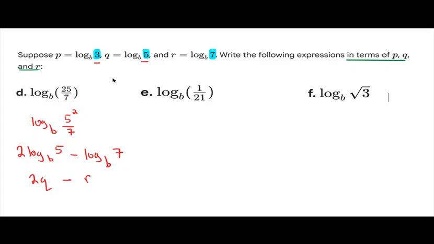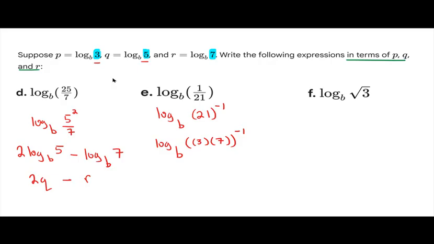Over here, let's see, we have log base b of 1 over 21. The first thing is I can move this 21 to the top, so I'll make this 21 to the negative 1 power. And then we have log base b. I know 21 is 3 times 7, that gives me 21. Now I have this negative exponent out here, so I need to distribute the negative exponent to both of these.